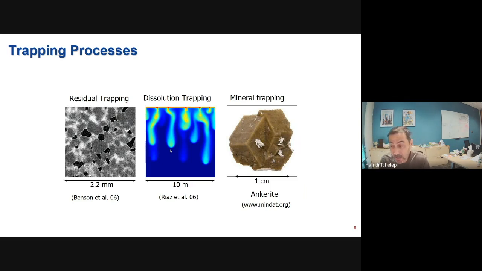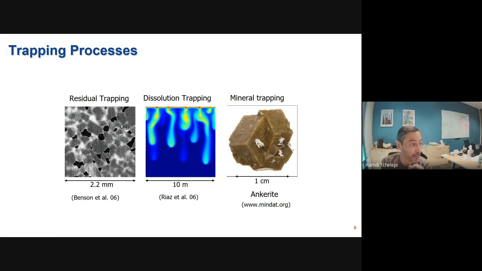But in addition to structural trapping, especially with saline aquifers, you want to enhance the trapping through these processes of residual trapping, where the brine resaturates the CO2 and actually traps it at the microscopic scale in fully isolated bubbles.